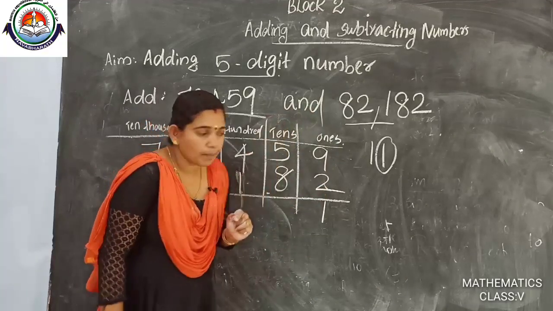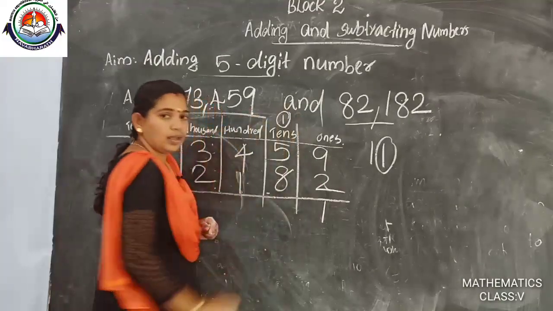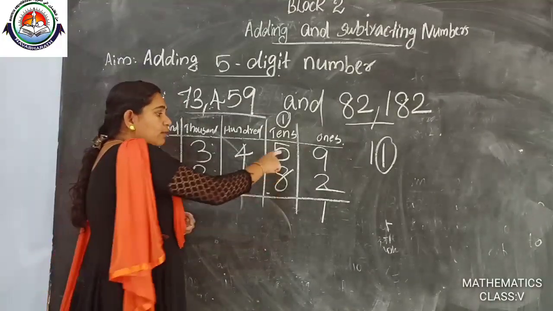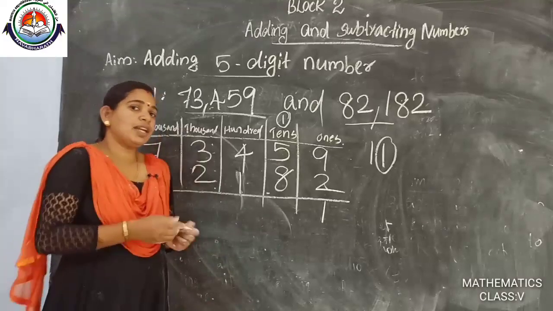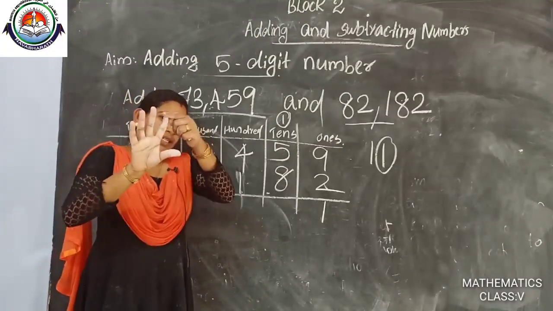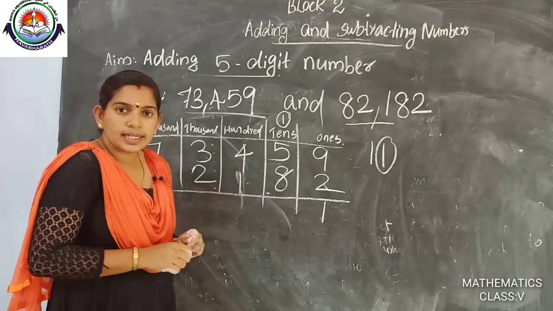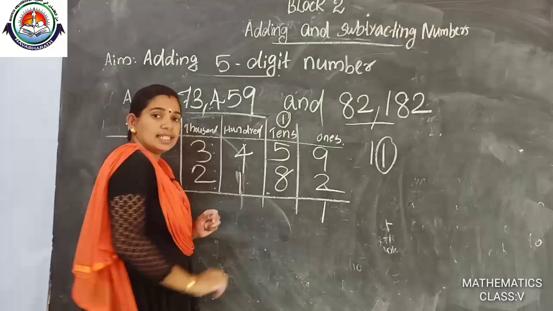So here 1 is here, 1 is carry. Got it? Then 5 plus 8. After 8 we take 5 fingers: 9, 10, 11, 12, 13. Answer is 13. No, here one carry is there.